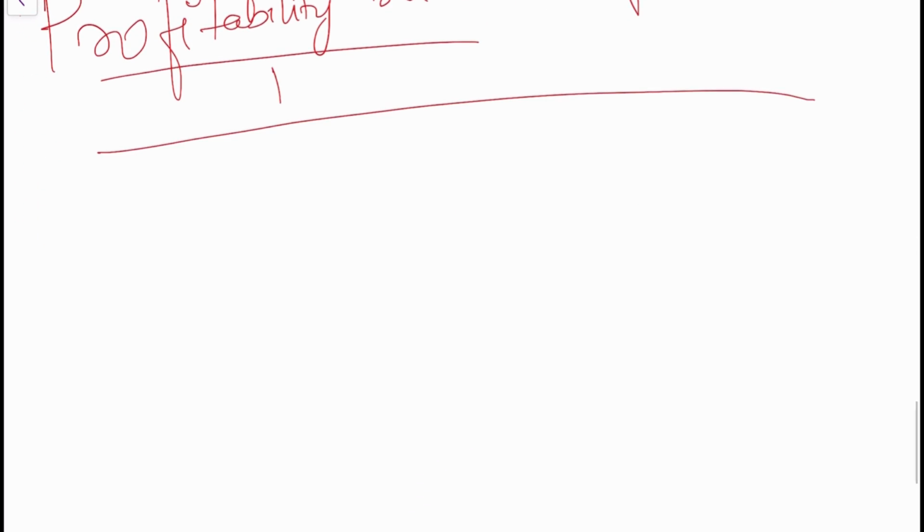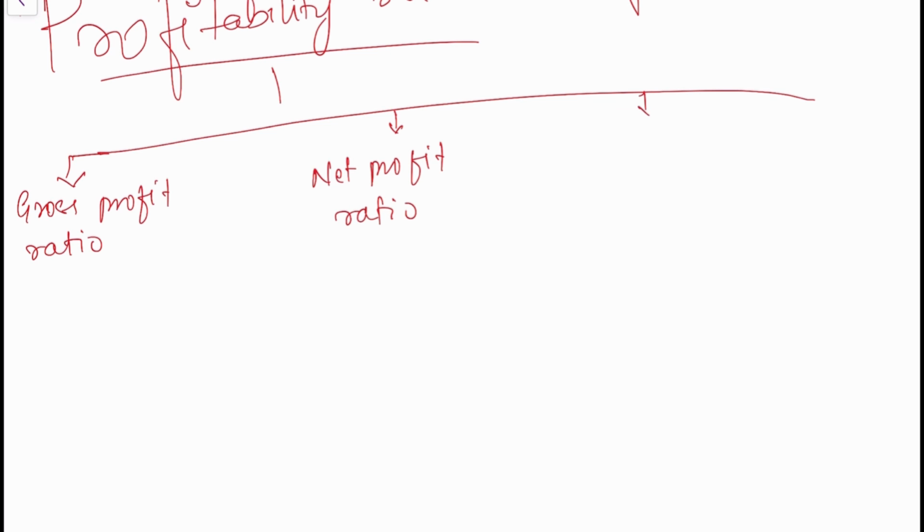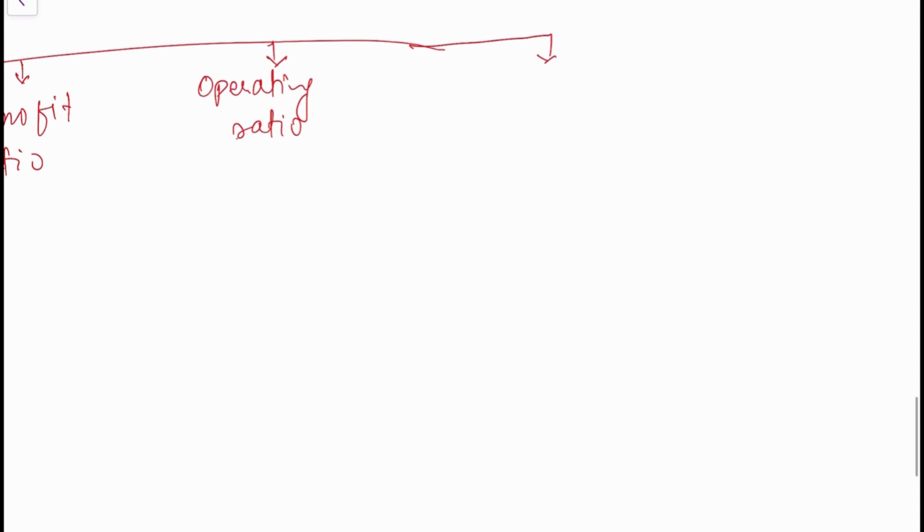Under this, there are 5 ratios. First ratio is gross profit ratio. Second ratio is net profit ratio. Third ratio is operating ratio, and fourth ratio is operating profit ratio.